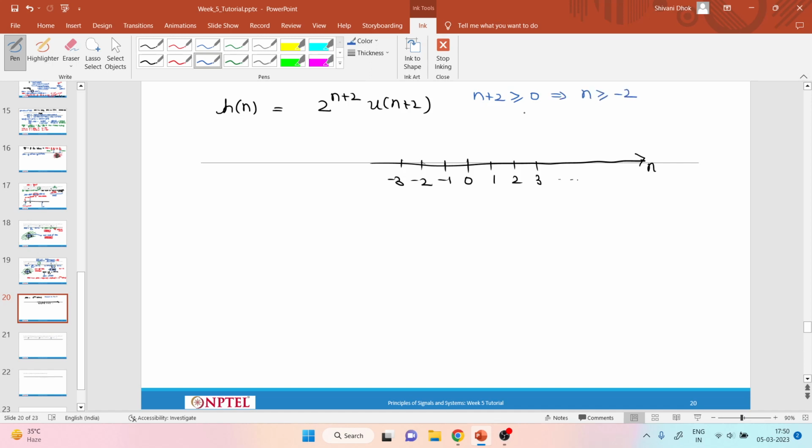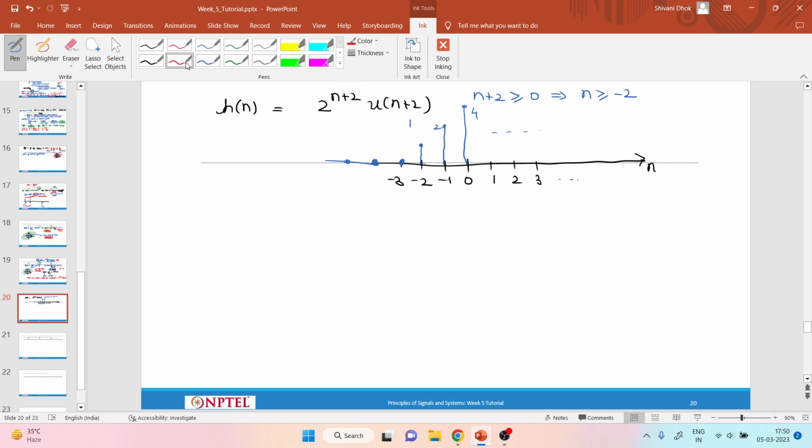So at n equal to minus 2, 2 to the power n plus 2 will take the value 2 to the power minus 2 plus 2, so it will be 1. Then at minus 1, it will take the value 2, then 4, 8 and so on. And here it will be 0, again at minus 4, 0, 0, etc.